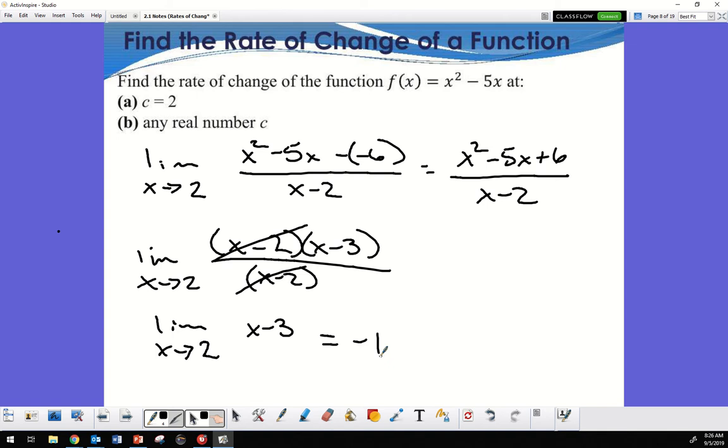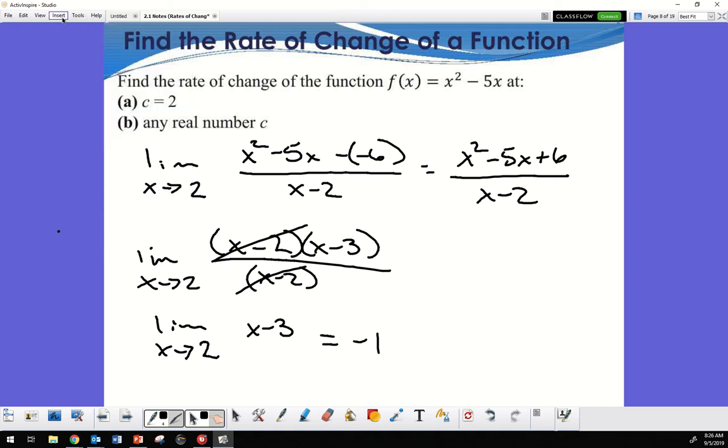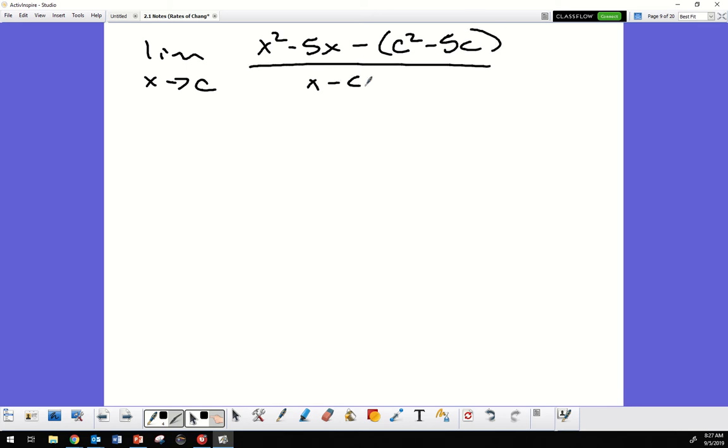Now, if I was to do this again for any real number c, let's try it again. Insert, page, blank after current. So it's going to be the limit as x approaches c of f of x, which is x squared minus 5x, minus f of c, which is c squared minus 5c, all over x minus c.